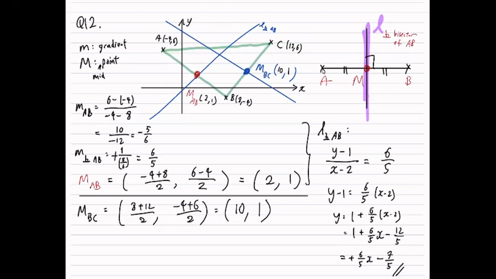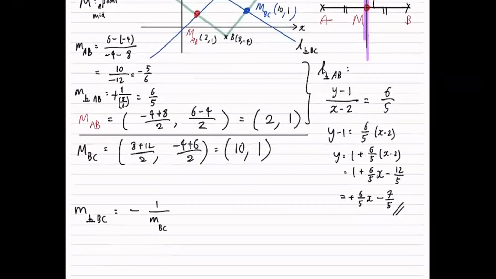What else do we need? We need to find L perpendicular of BC, so we need the gradient of the perpendicular BC. Little m perpendicular BC will be -1 over the gradient of the original BC. So we should find MBC first.